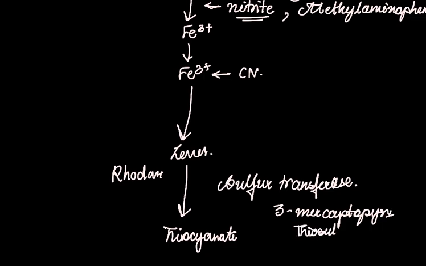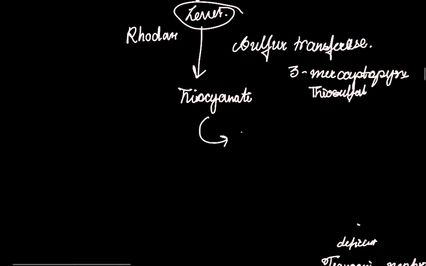So the liver converts it into thiocyanate, and this thiocyanate is removed by the kidney in your urine, and in this way you can treat your patient of cyanide poisoning.